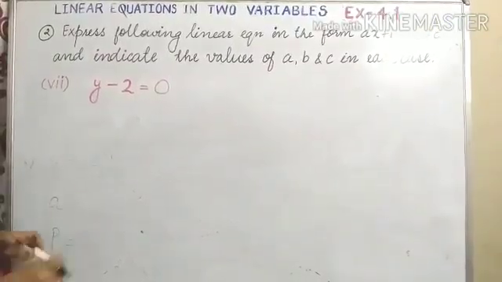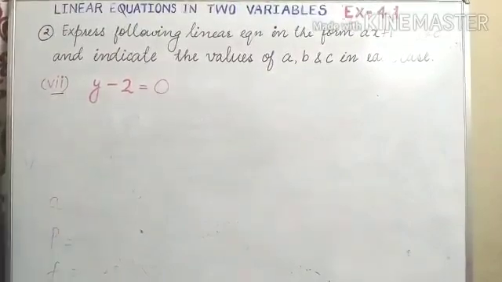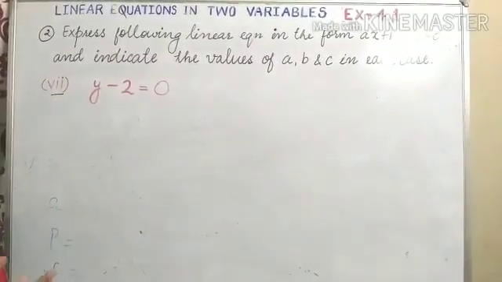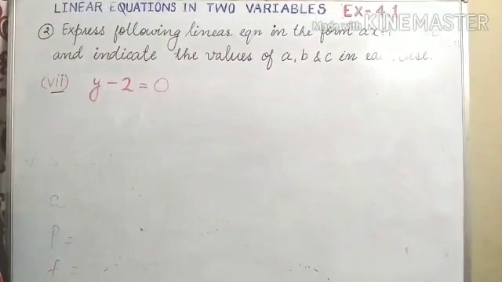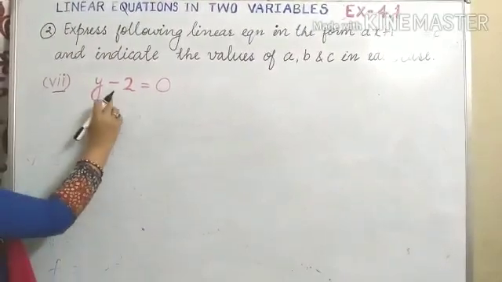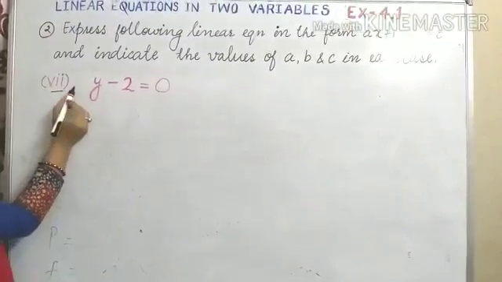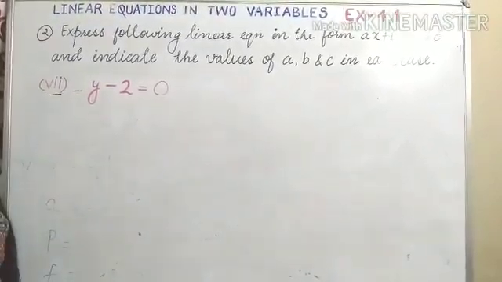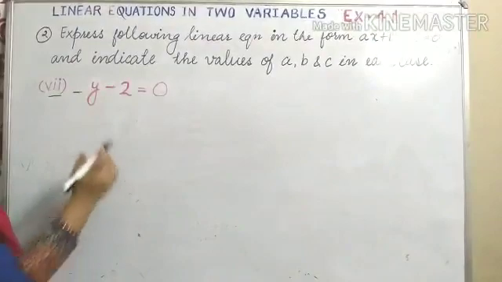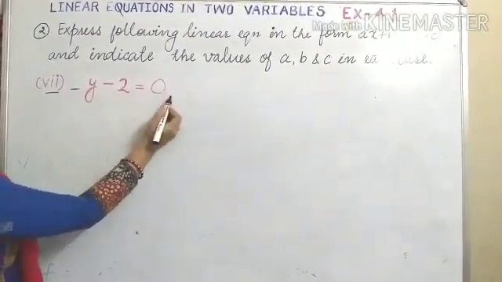Now we are going for the seventh part. As all other parts are very similar, you can perform them very easily. So here what is different in this question is that you can see there is no x, only y minus 2 equal to 0.